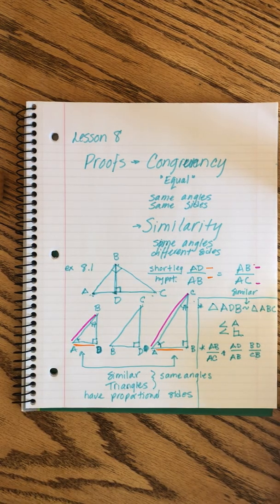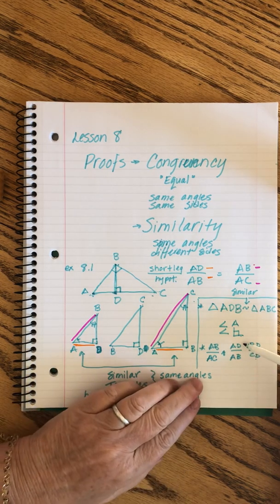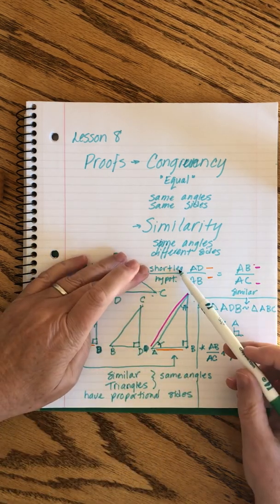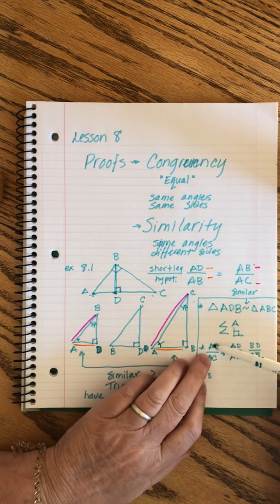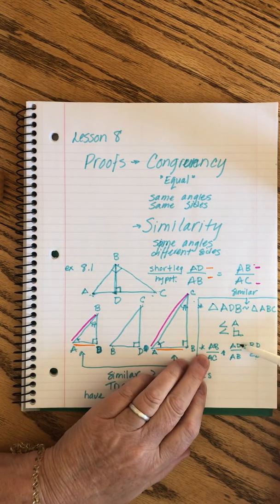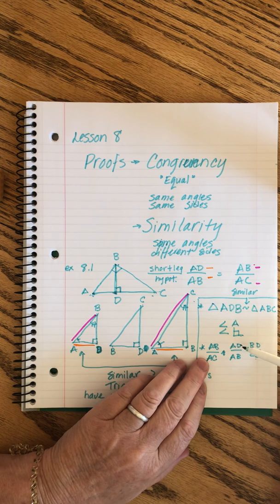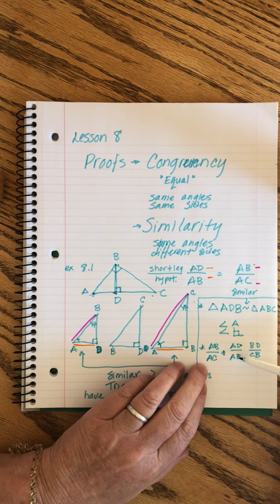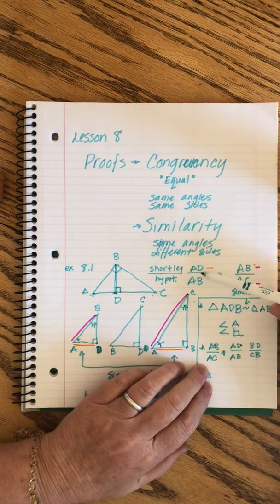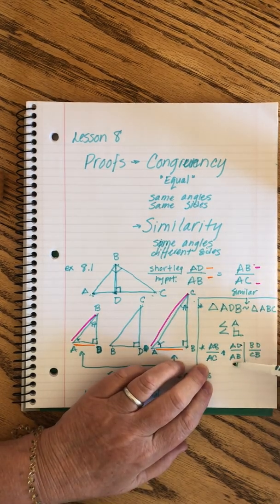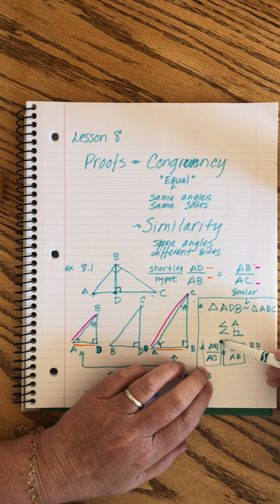Now, what John wants us to prove is simply this, only rearranged. He wants us to say that the ratio of these two, oh no, I've got it, don't I? Yeah, this is the same as this, and this is the same as this.